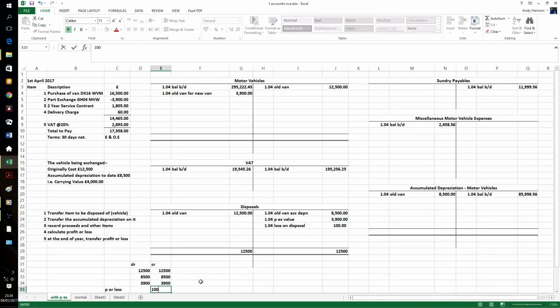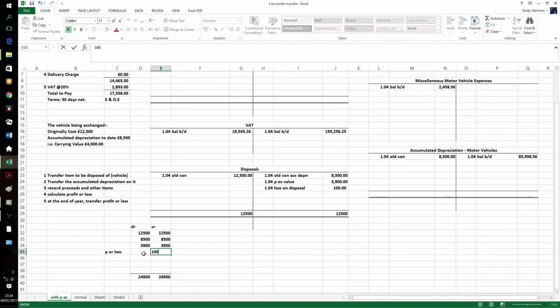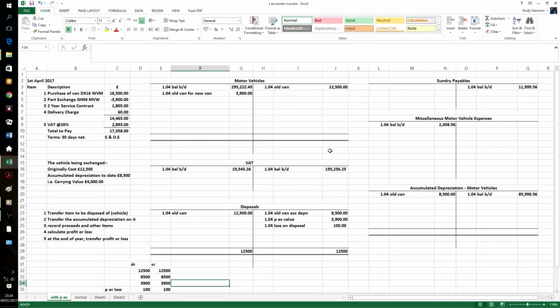So there's the 100 that we put into the disposal account. In this case, there will be £100 debited as an expense in our profit and loss account. So that looks pretty much the same. The 3,900 goes in the same place on the disposals account. It's a loss this time and goes towards the new motor vehicle.